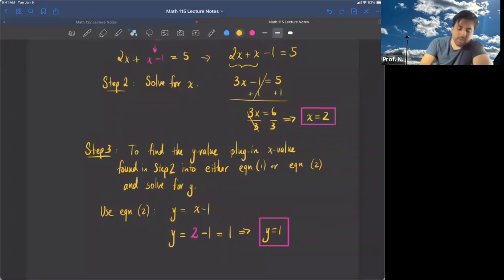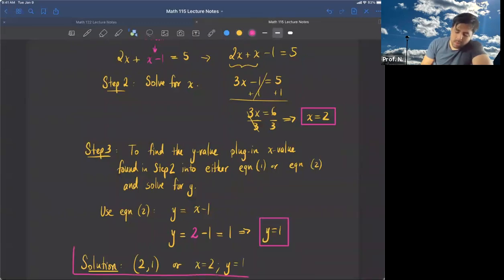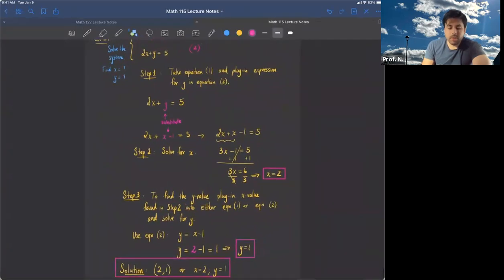Right? So then what's the solution to the system? What's my solution? My solution is the coordinates (2, 1), or x equals 2 and y equals 1. So what we did was we solved this system without having to graph anything.